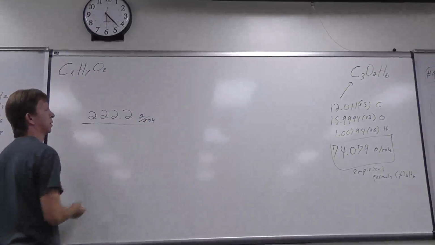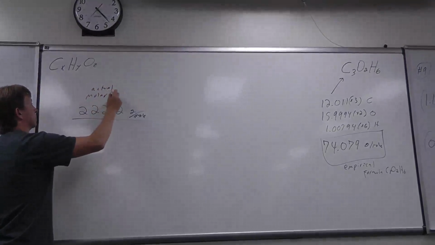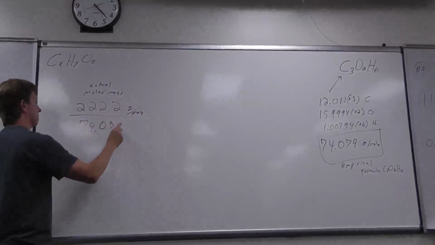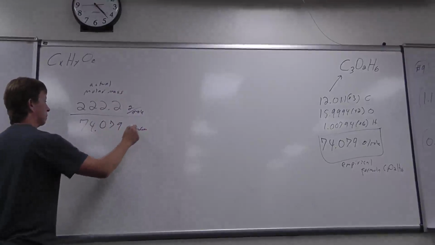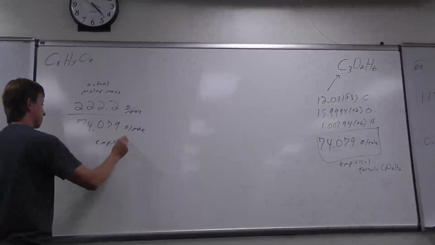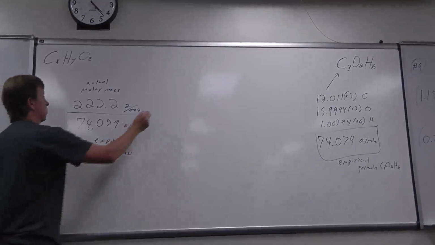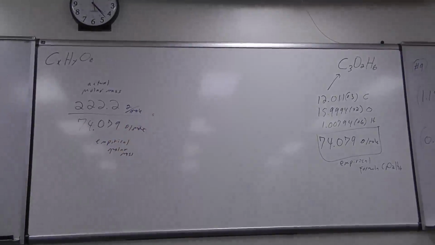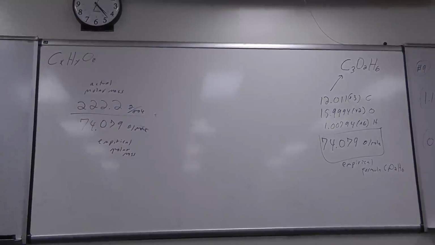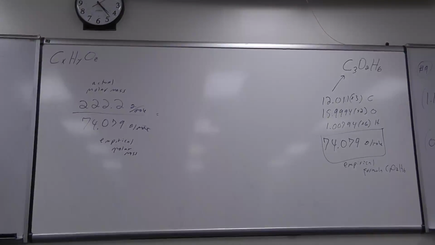And so if we divide this, the actual molar mass divided by the empirical molar mass, then that's going to tell us how many times heavier the real molecule is compared to that formula. Because if the real molecule is twice as heavy as the empirical, then it must have twice as many atoms. Or if it's 3 times as heavy, it'd have 3 times as many atoms.